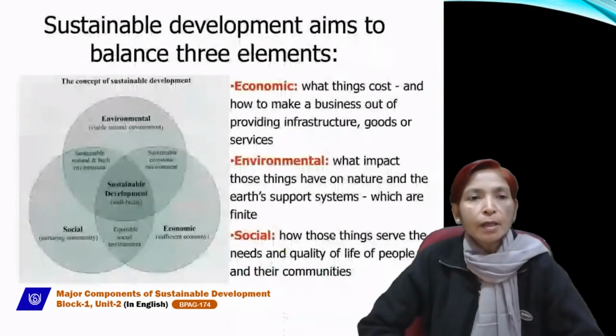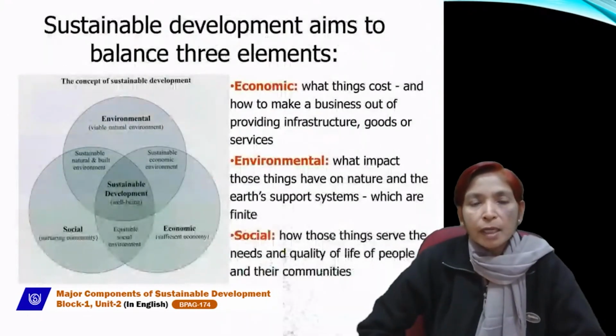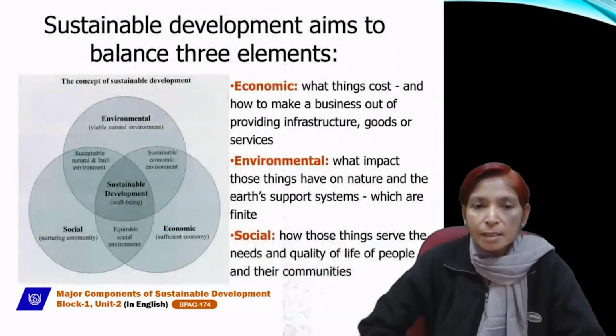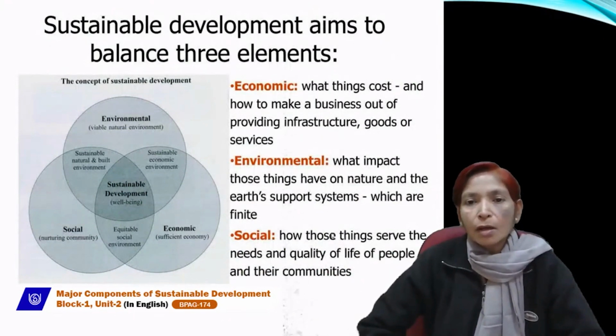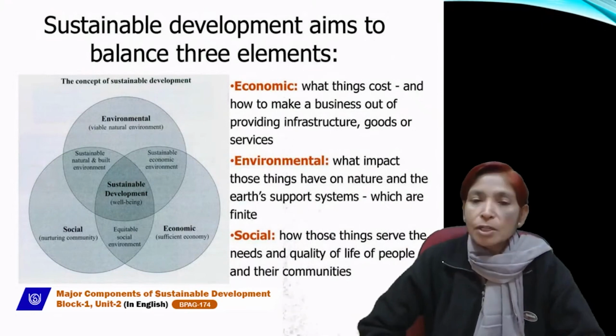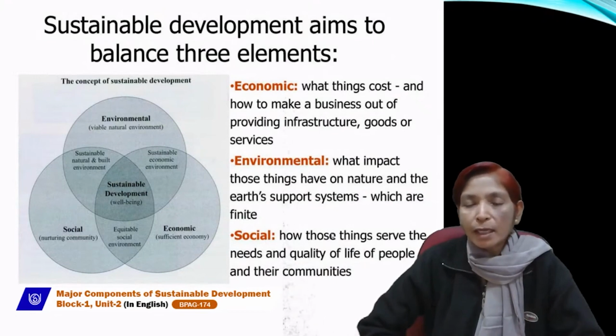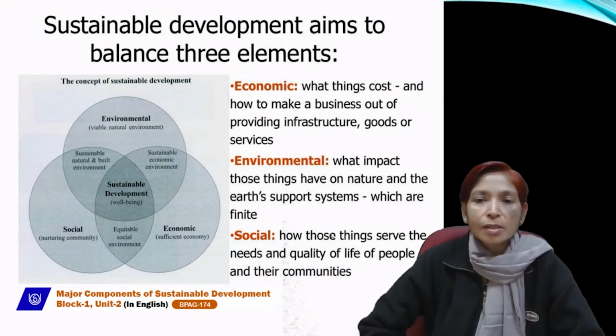Now, sustainable development aims to balance these three elements: economic, environmental, and social. The economic dimension of sustainable development is about what things cost and how to make a business out of providing infrastructure, goods, or services.